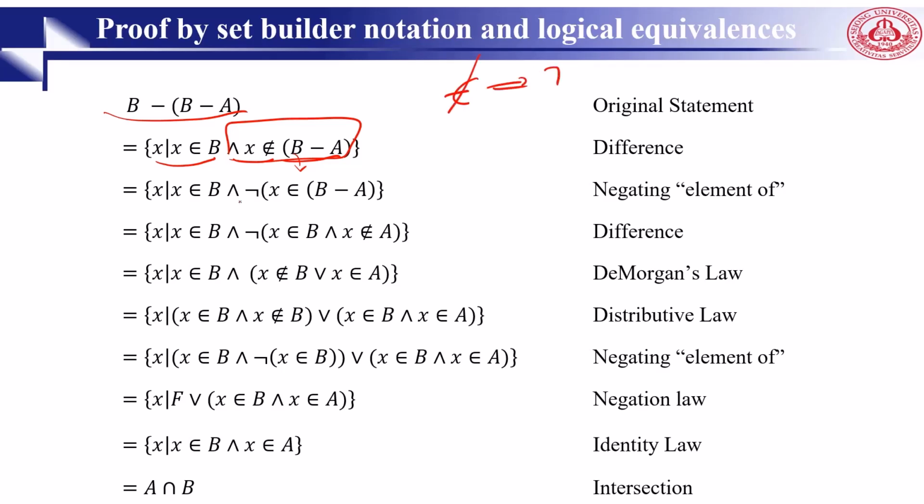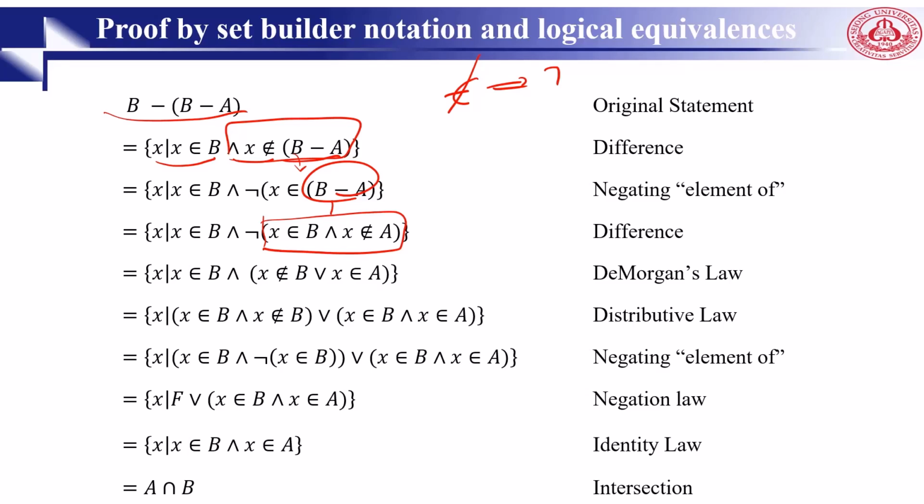Same. So just we change it. Negation of X in difference. Then using difference, we can write that this part is the same, negation of X in B inverse, it means this difference can be rewritten as this one. X in B and X not in A. This is the meaning of difference we have already.